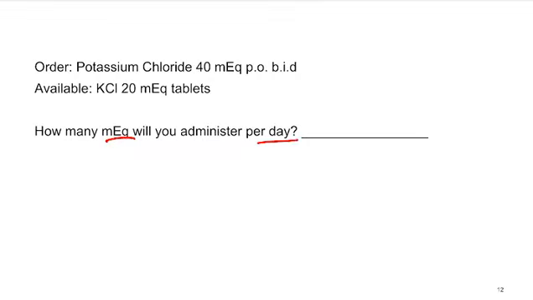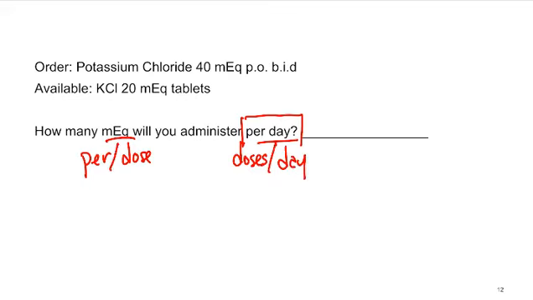Milliequivalents per day. Oh boy. So I'm going to notice right here, it's not per dose, it's per day. So what do I need to know? Well, I need to know how many milliequivalents per dose, and then I need to know how many doses per day. Okay, those are 2 things I need to know. So my milliequivalents per dose is 40.